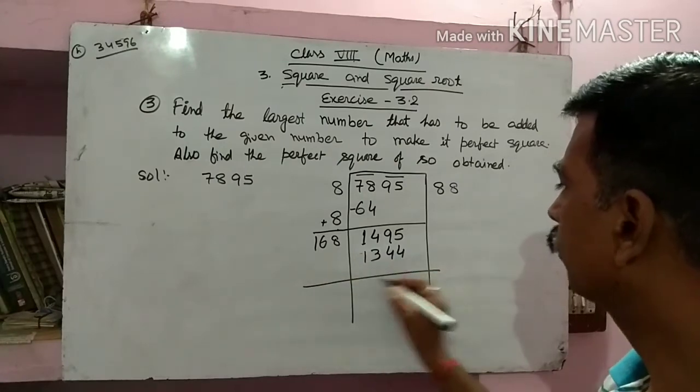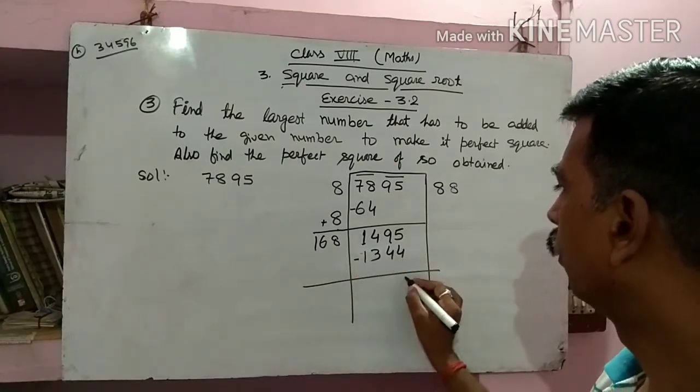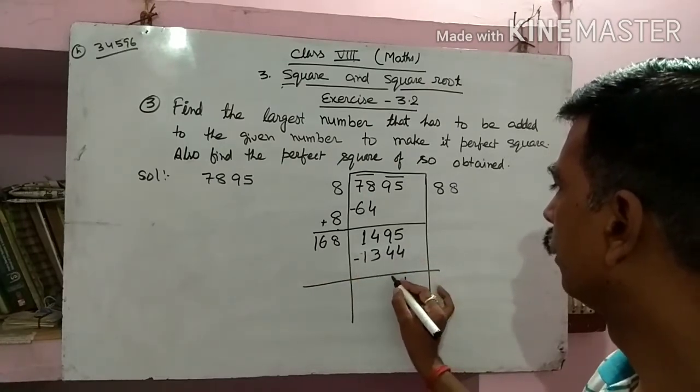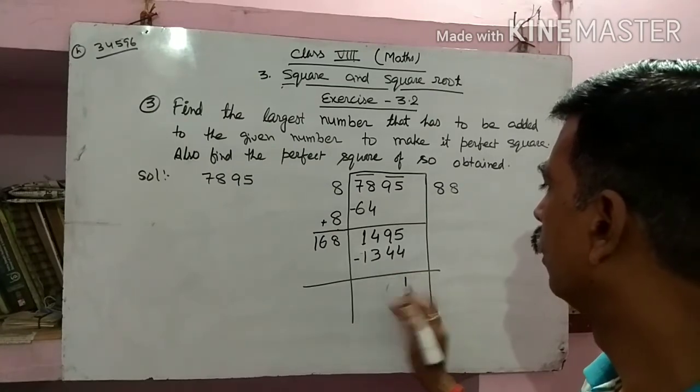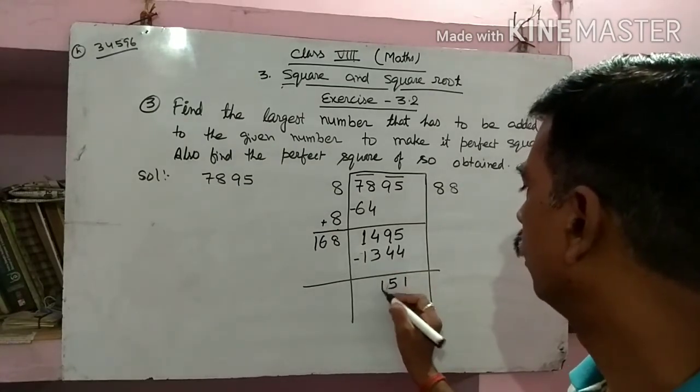Then what will we get after subtracting that number? 1, 5, 1.